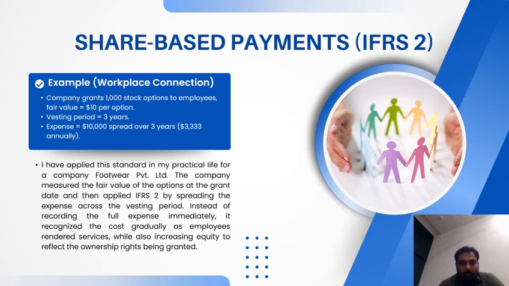In my practical experience at Footwear Private Limited, the company applied this standard by gradually recording the expense as employees rendered their services. At the same time, equity increased to reflect ownership rights. This approach ensured both accuracy and fairness in reporting.